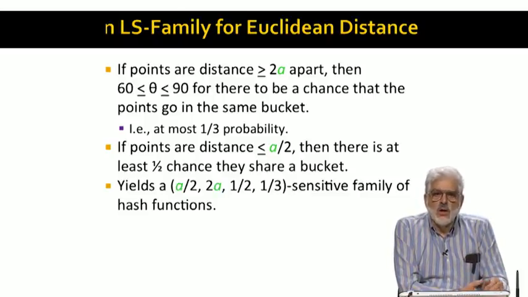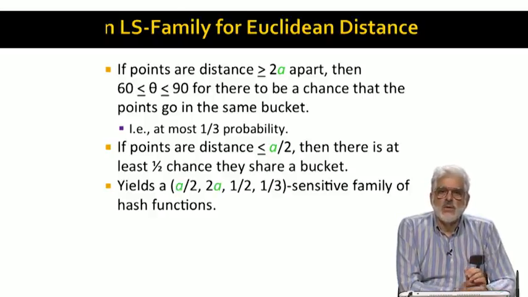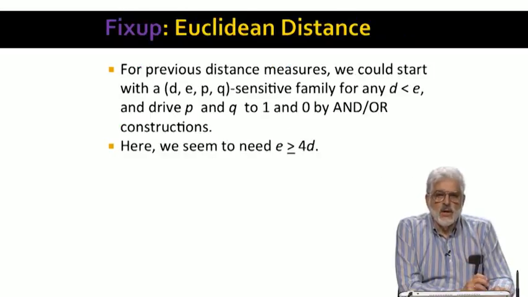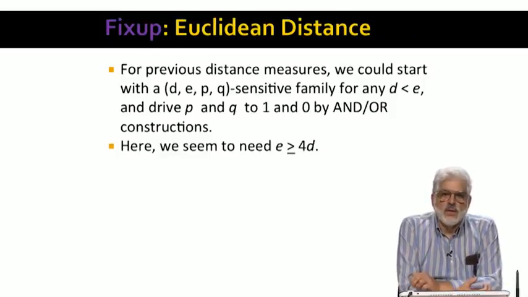We can combine these two observations to say that for any value of a, we can have an (a/2, 2a, 1/2, 1/3)-sensitive family of hash functions for Euclidean distance in 2 dimensions. However, there is something unsatisfying about that analysis.